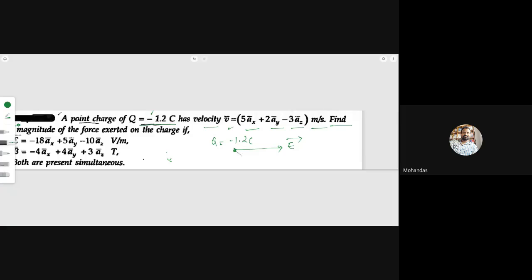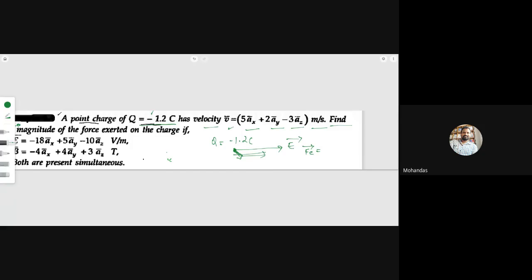Can you tell me the formula for that electric force Fe on the moving charge? What is the electric force on the moving charge? Q into E. Yes, very good.